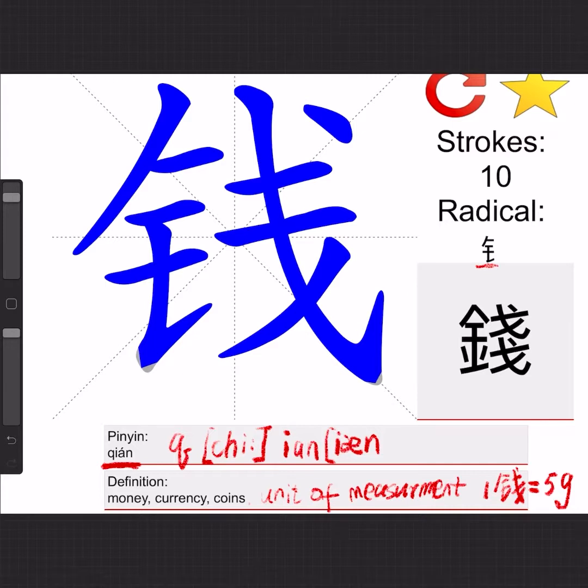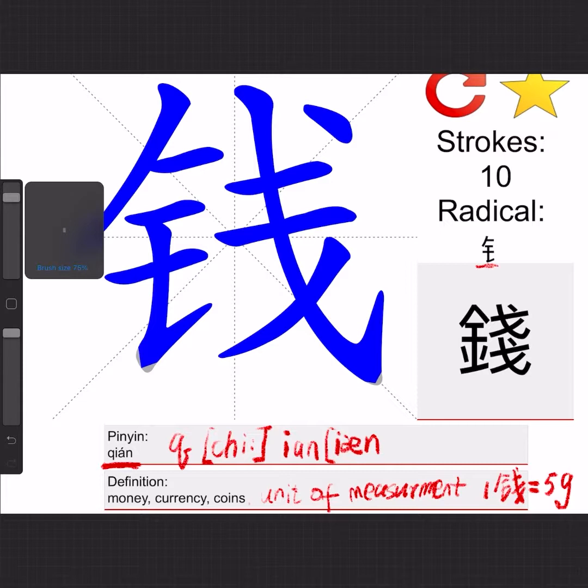There are 2 basic rules to draw a Chinese character. Number 1, you have to draw from top to bottom. When you drop your pen on a stroke, it has to be from top to bottom.